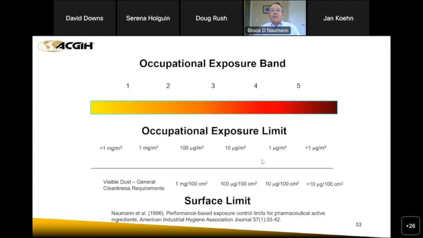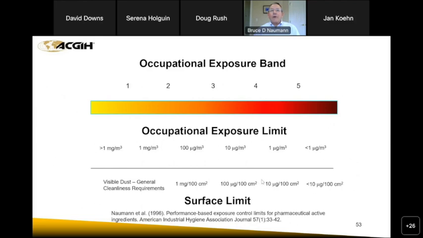And you can see here, we're talking about now kind of OEB4 range, right? And the corresponding occupational exposure limit for that would be in the 1 to 10 microgram per cubic meter range. So 25 micrograms per 100 square centimeters is a pretty low number.